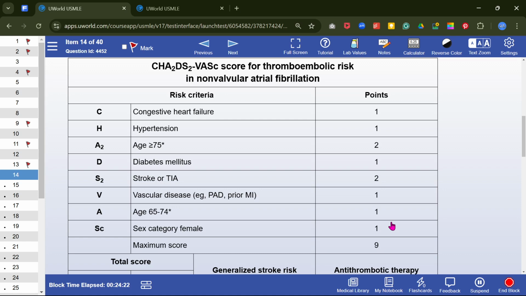If you don't do the CHA2DS2-VASc, then it would be confusing. When you find AFib in the stem, do CHA2DS2-VASc. If you don't find apixaban or rivaroxaban and they are talking about warfarin, then give the warfarin.